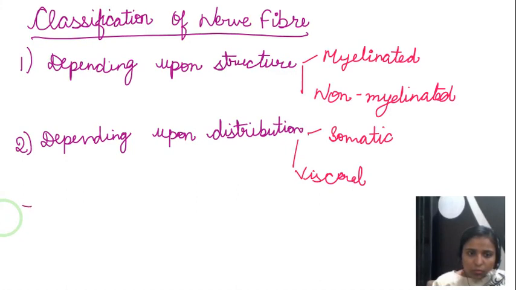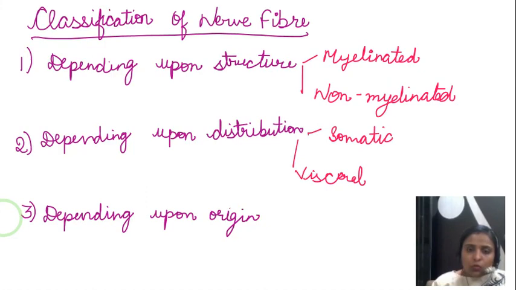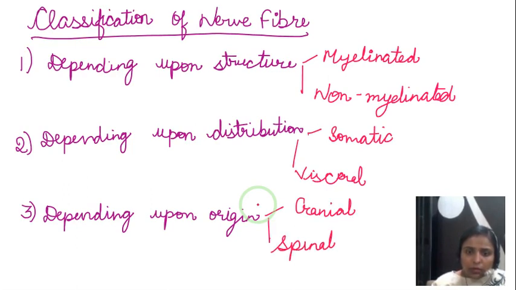If you're talking about the third part, that will depend upon the origin, right? If we talk about the origin, that will also be classified into two parts, that is cranial nerves and spinal nerves, right?